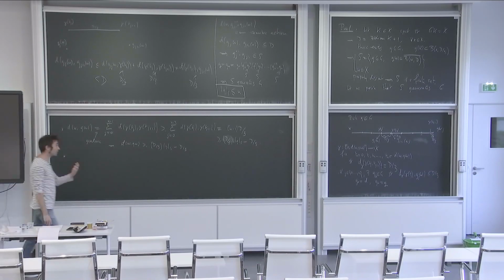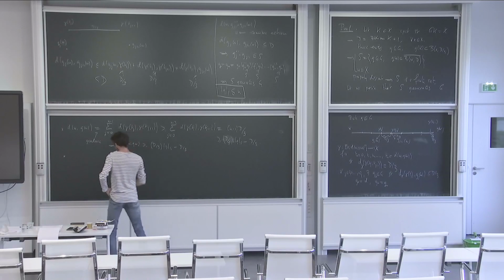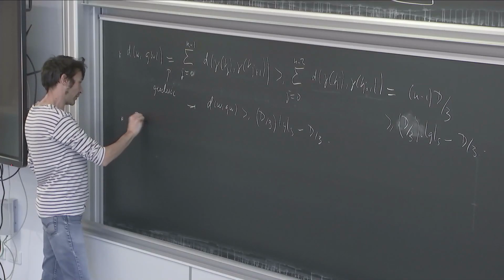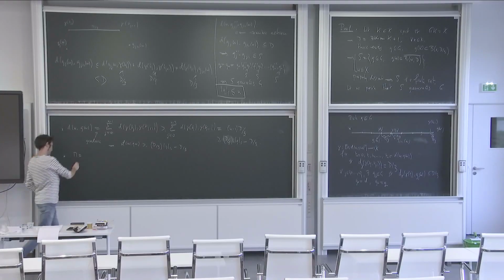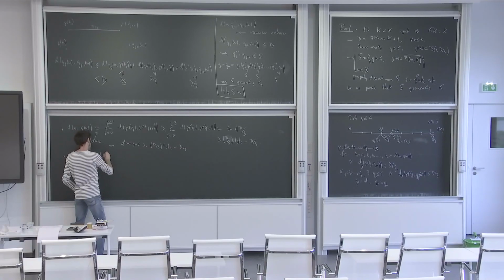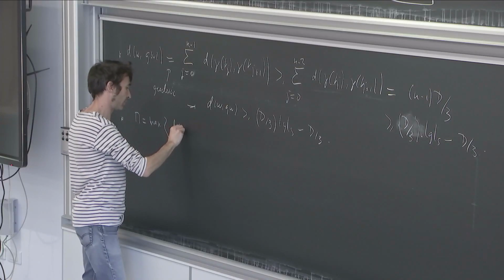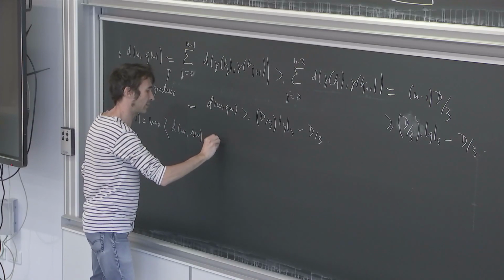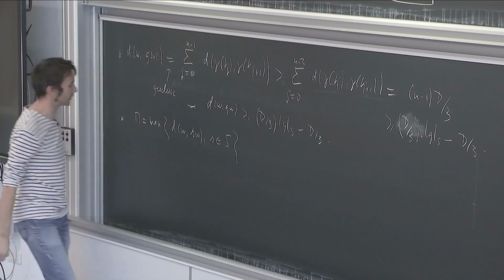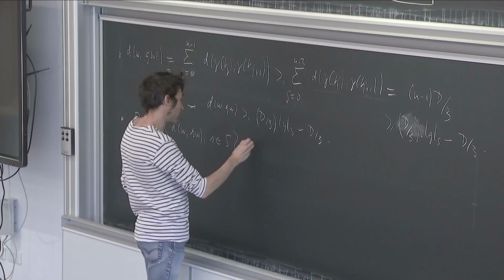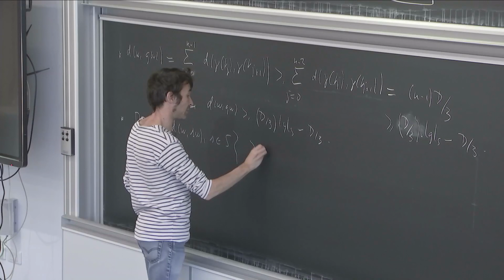So I have a finite generating set. So I can consider M to be the maximum of the distances from W to S of W, where S goes over my finite set S. Okay, so this is a well-defined constant that is positive.